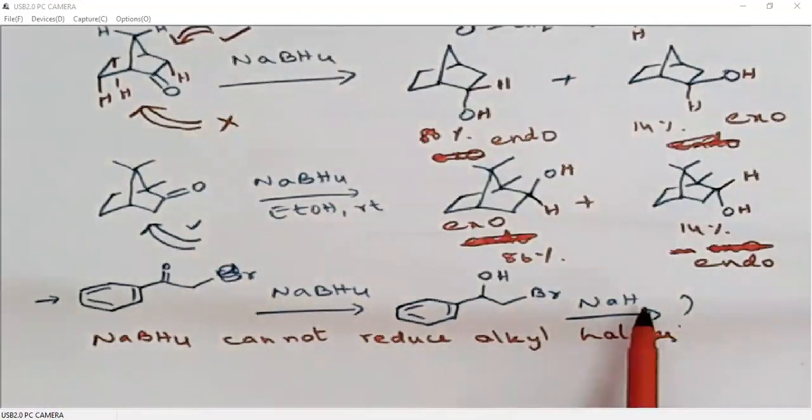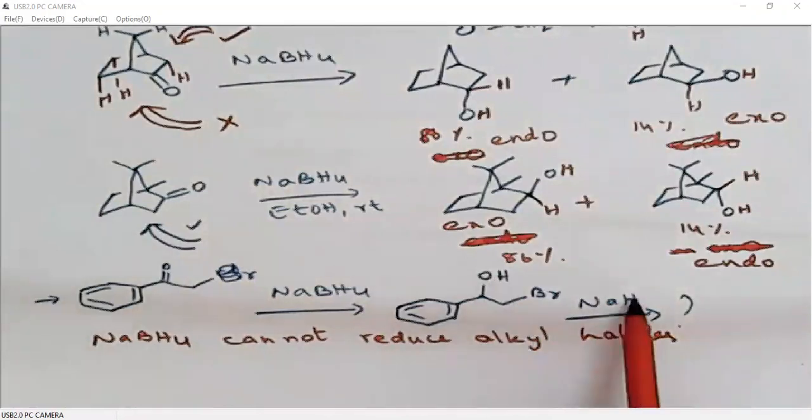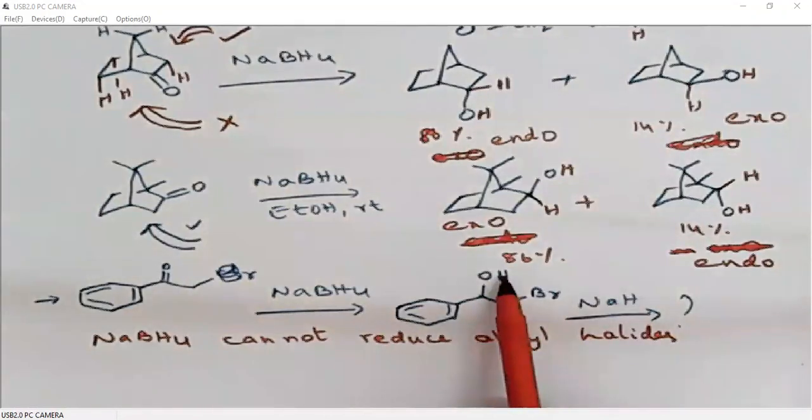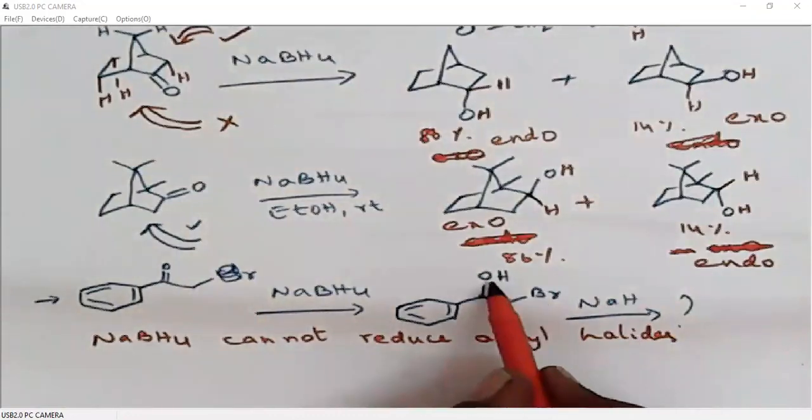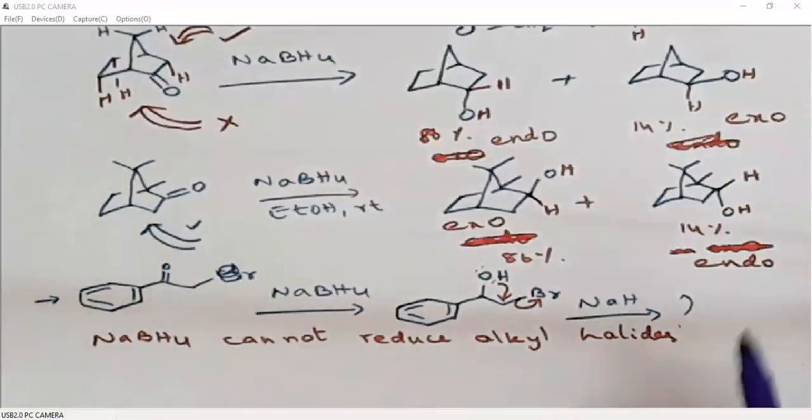So sodium hydride's H minus will pick up this proton; alcoholic protons and carboxylic acid protons are acidic protons. So H minus will pick up this proton. So an oxide ion will be generated, and this oxide ion will undergo epoxidation with the expulsion of Br minus. So the product is an epoxide.